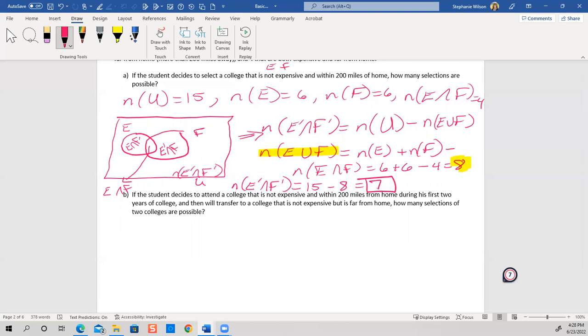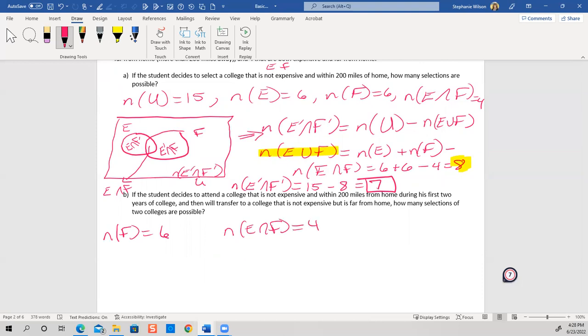Okay, so now let's solve for this one. We can use that same picture above because we're still working with the same numbers. We know that the number of far away colleges is 6, and we know the number of expensive intersect far away is 4.